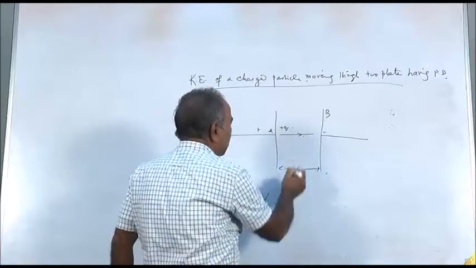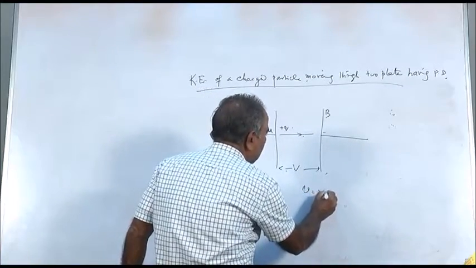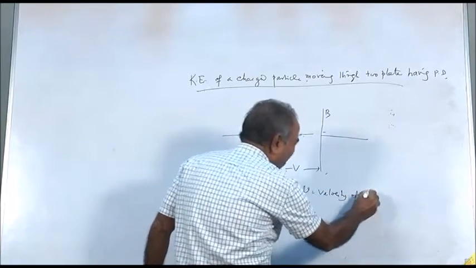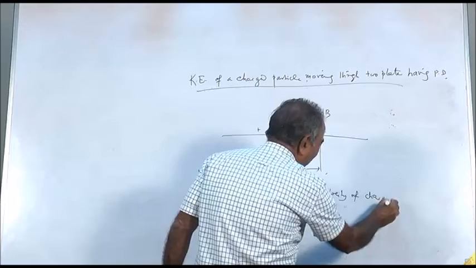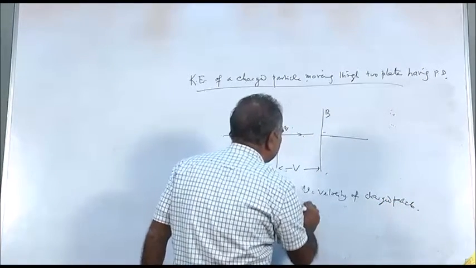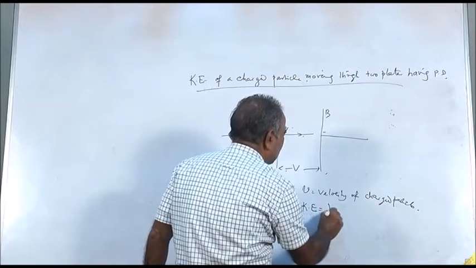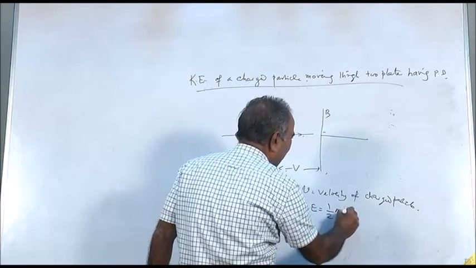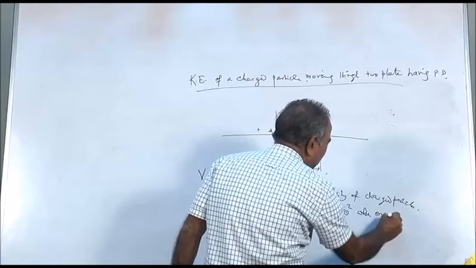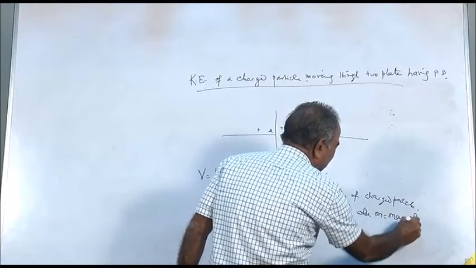If v is the velocity of the charged particle, kinetic energy is equal to half m v square, where m is the mass of the charged particle.